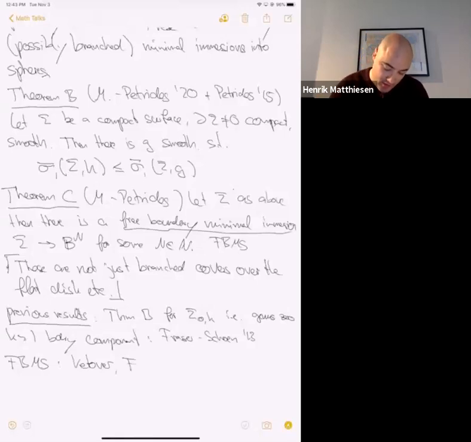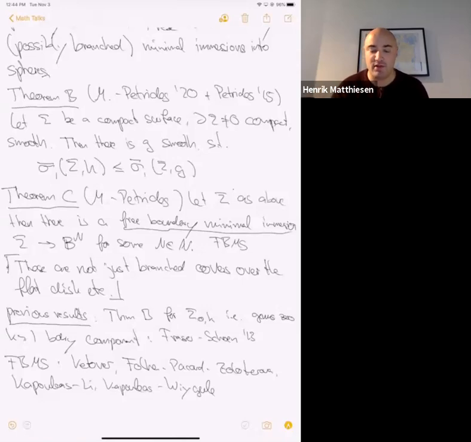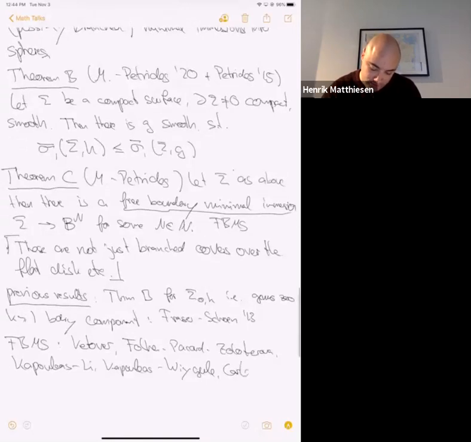Then there's gluing or desingularization techniques, like by Folha, Pacard, and Zolotareva, and also techniques by Kapouleas and Li, Kapouleas and Wiygul. These are all perturbation or, more generally, desingularization techniques. And then again min-max, there's Carlotto, Franz, Schulz.